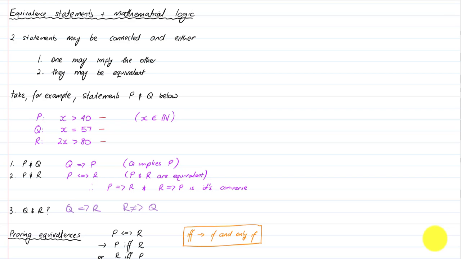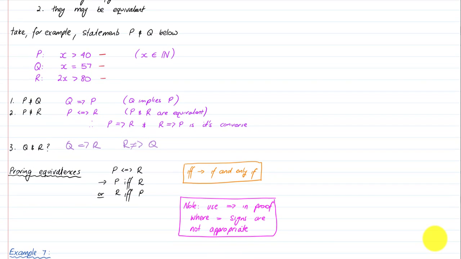So let's talk about proving equivalencies. Remember, if and only if is IFF. And a little note there in pink, if we're doing some work in a proof situation that's not algebraic or not that sort of step-by-step geometric, then we should be considering using these equivalency or implied signs to move from step to step.